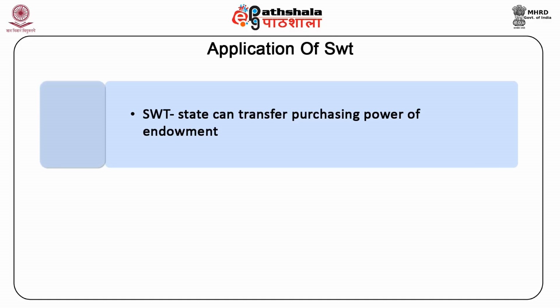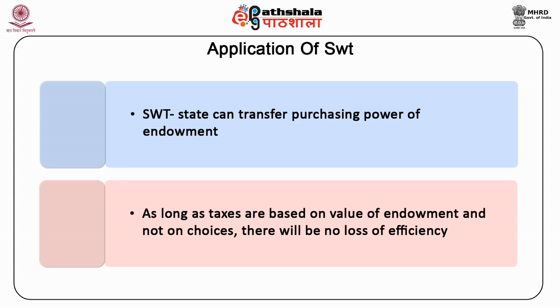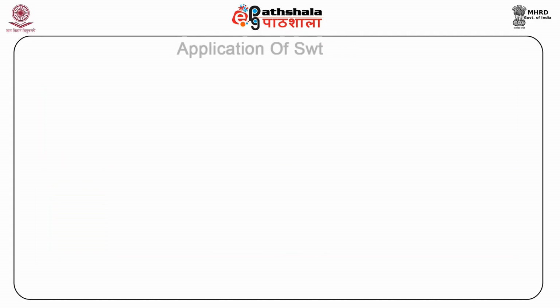That is, the state can tax one consumer on the basis of the value of his endowment and transfer the money to others. As long as taxes are based on the value of endowment and not on choices, there will be no loss of efficiency. Next is to see the role of the state.